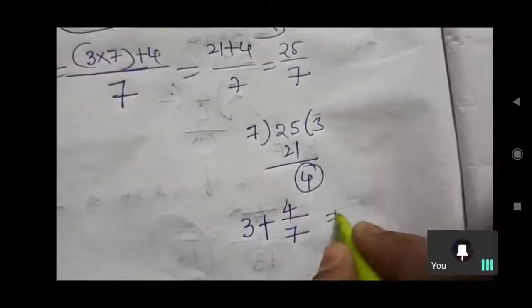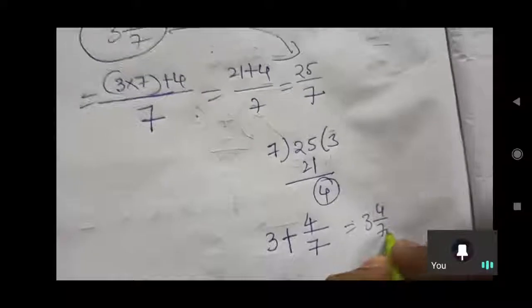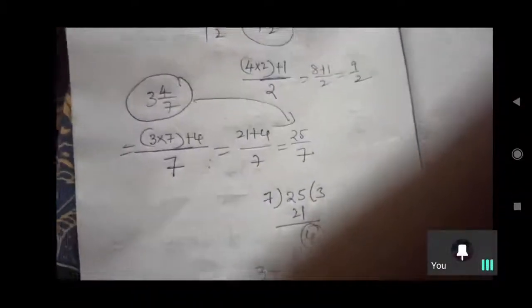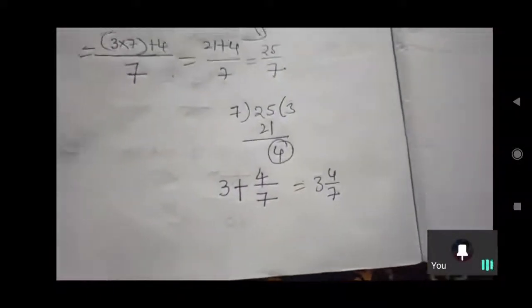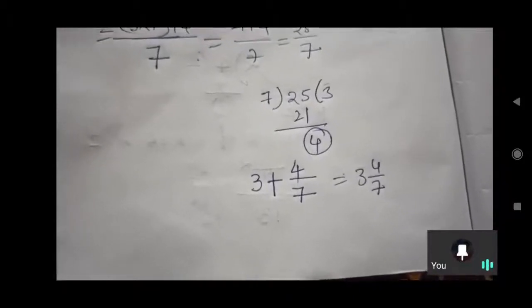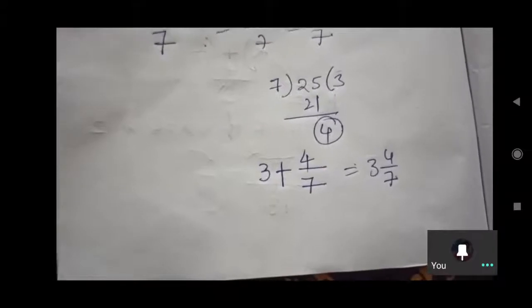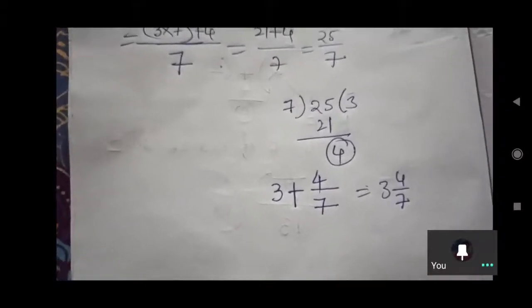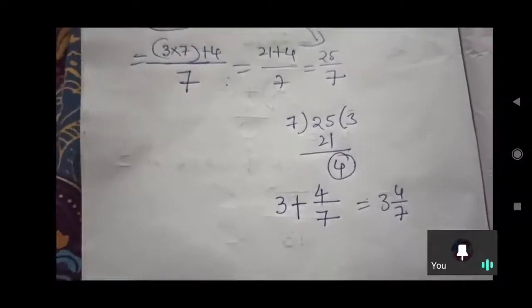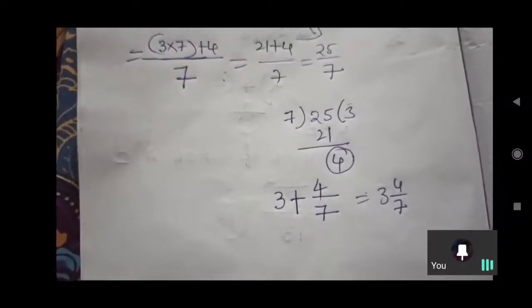So it is 3 4 by 7, as it came up. Like that we can change from improper to mixed fraction and mixed to improper fraction again. Mixed fraction means natural number plus proper fraction. Is it okay, Nana? Easy only? Understandable? Already you have finished this chapter in school.